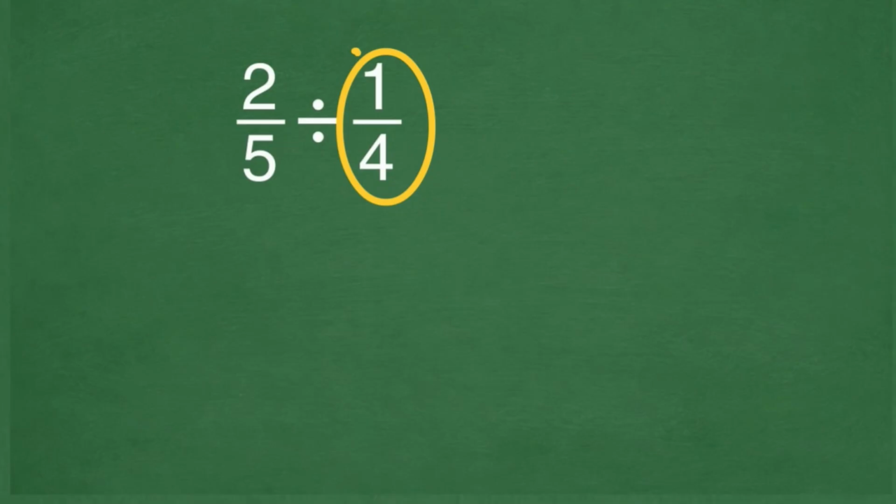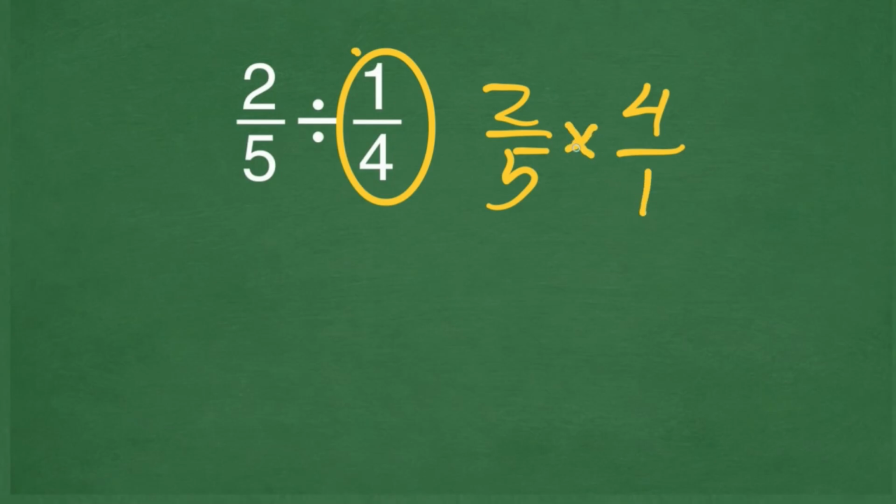And now you are going to flip the numbers, right? So instead of 1 over 4, it becomes 4 over 1. So here is what it looks like now. 2 over 5 times 4 over 1. And you are going to multiply this, right? So that is what it is going to be.